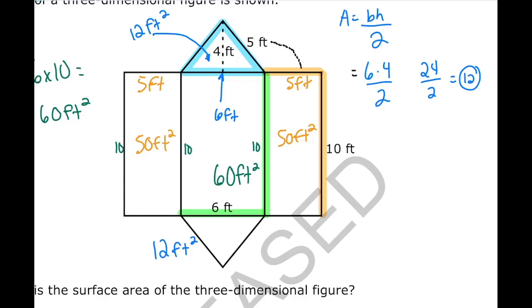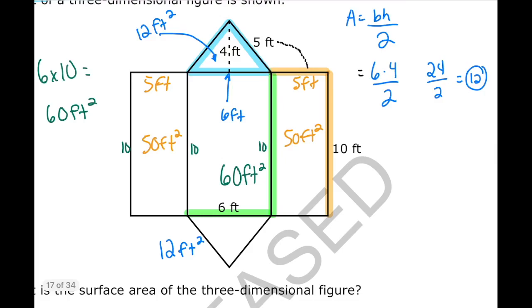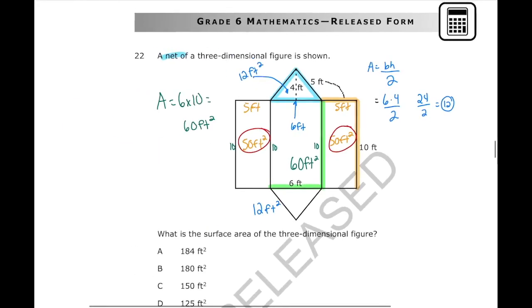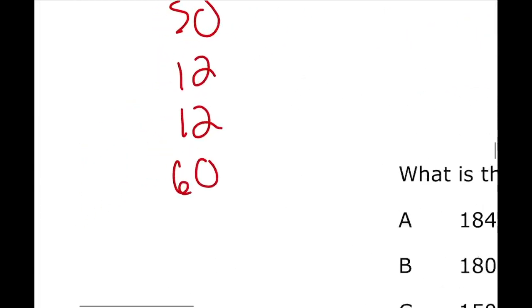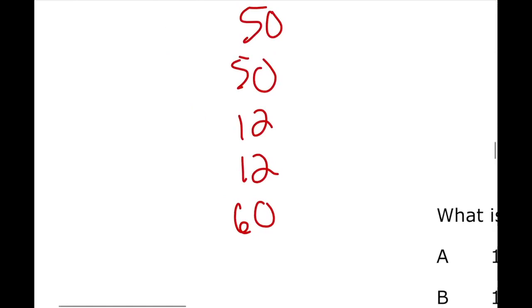And we can just add those numbers together. So again, we had 50 and 50. Let's do that here. 50 plus 50. We also had 12 and 12. And last but not least, we had the 60. So if I focus on that, let's add it all together.